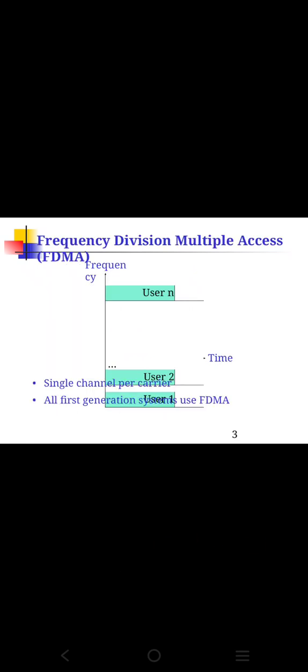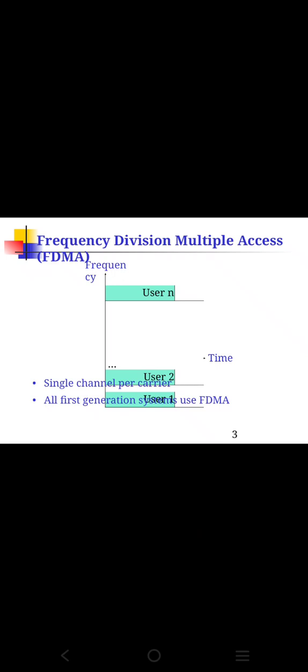First, we will see frequency division multiple access, that is FDMA. It is a basic technology for advanced mobile phone services, with a single channel per carrier. In first generation systems we used this for data transmission and reception.